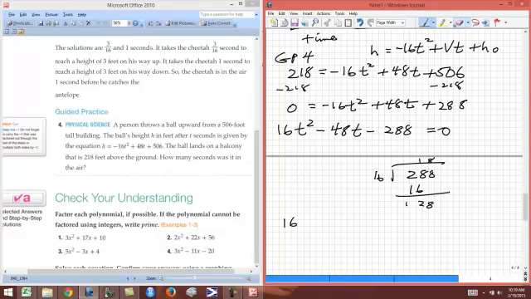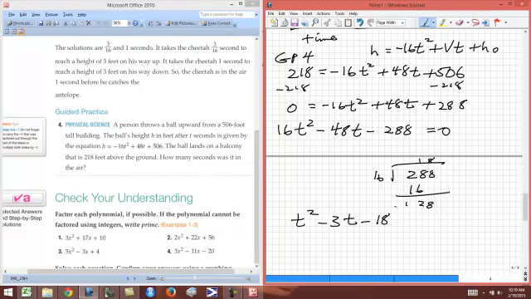So we're going to end up with t squared minus 3t minus 18. Okay?